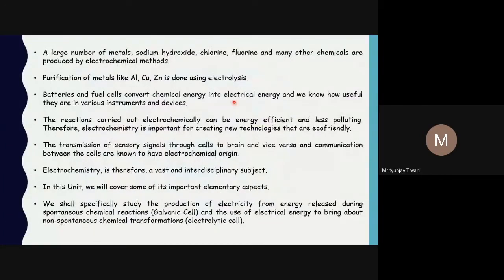If you look at the use of these electrochemical processes, and if you remember the electron transport chain that happens inside our body, those who know biology can understand it. It happens inside the cell, particularly in the mitochondria, and that is how energy is produced, which we use for our survival and the different functions we do.